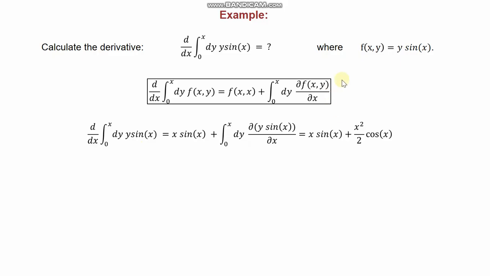We identify the function f as y sine x. We evaluate each term, and we obtain the following result: x sine x plus x squared cosine x.